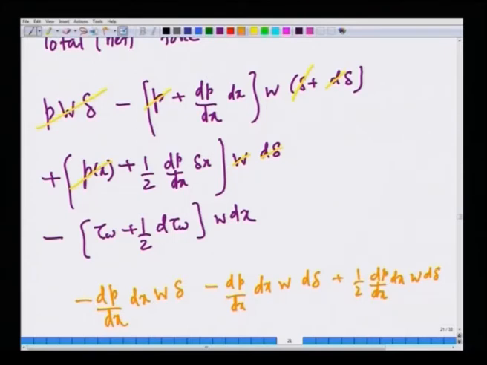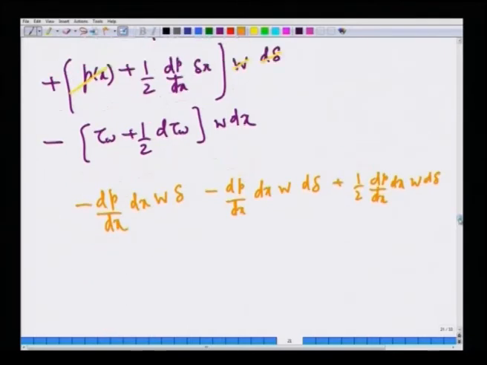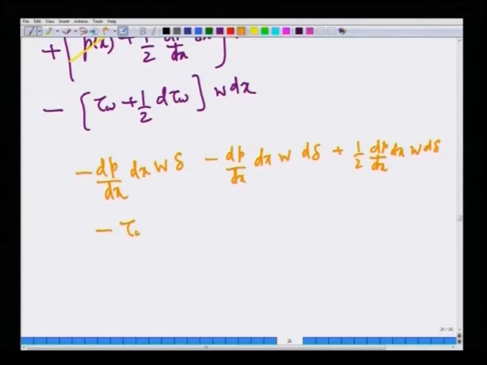And finally, you also have the shear stress terms minus tau w w dx minus half d tau w w dx. Now, we are going to throw away terms that are squares of differentials.